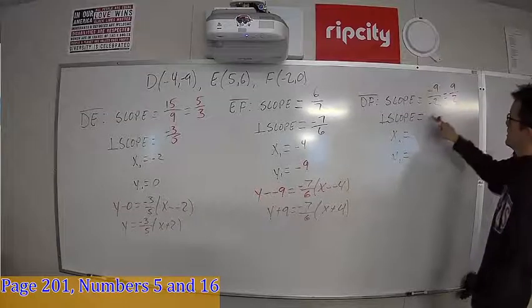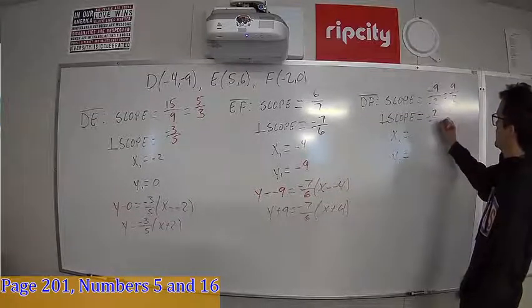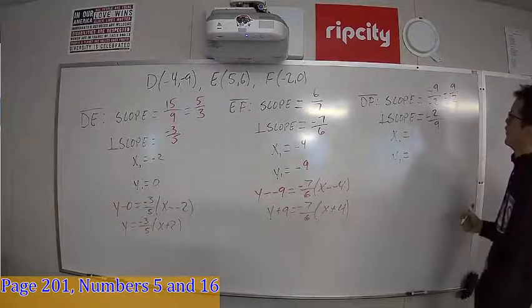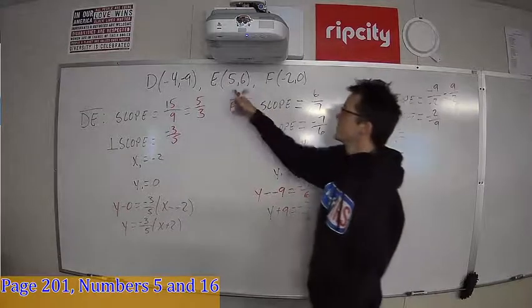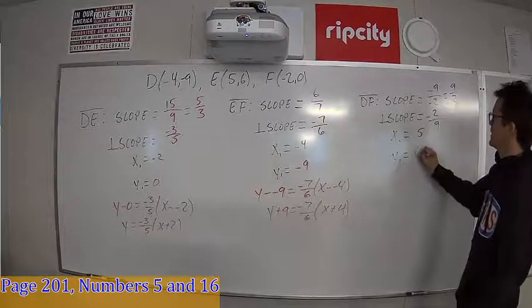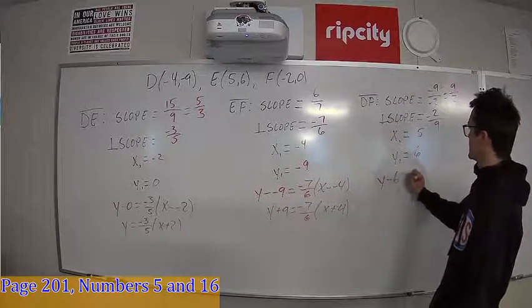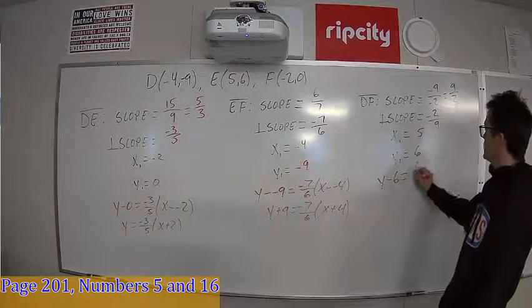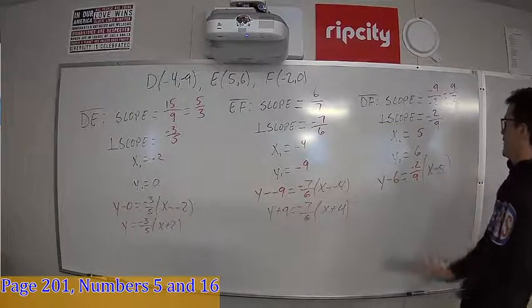It's positive, so the perpendicular slope will be -2/9. This is side DF. It needs to go through vertex E. So x1 is 5, y1 is 6. Point slope form, y minus 6 equals -2/9 times x minus 5.